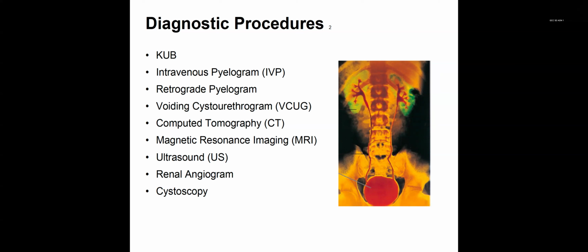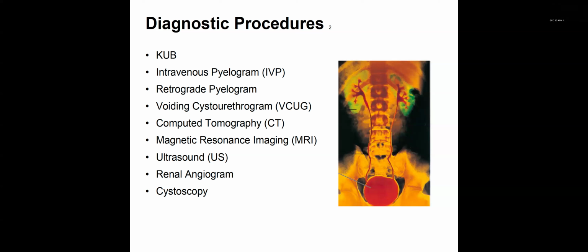Retrograde pyelogram uses a radioactive dye introduced through the urinary catheter to locate calculi and other obstructions in the ureter. You have voiding cystourethrogram. So this is a physiologic examination used to monitor the kidneys during urination or micturition.